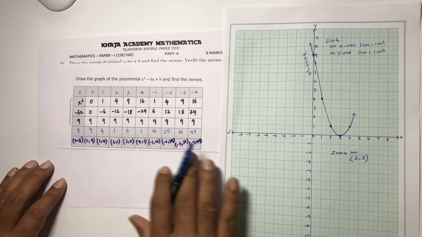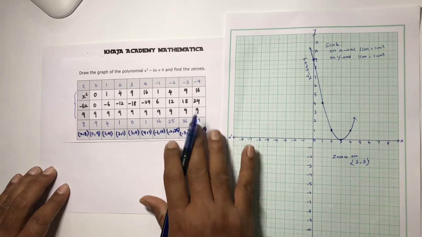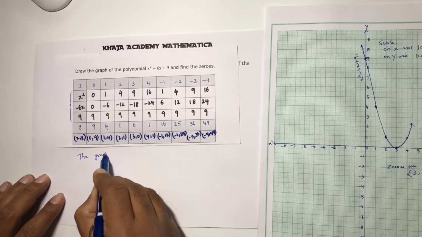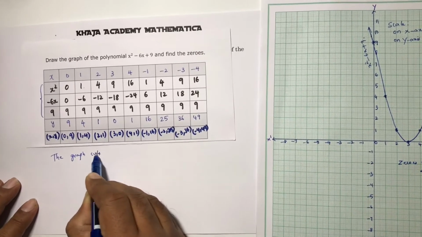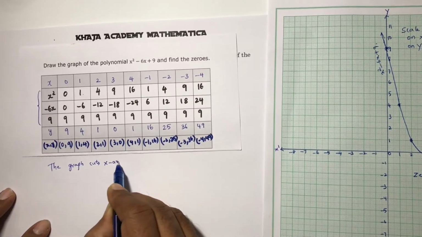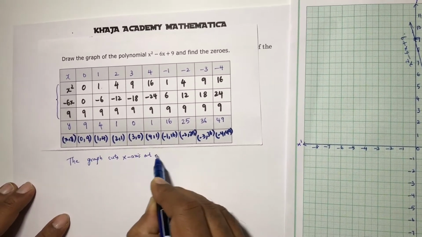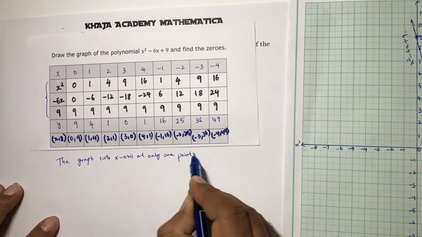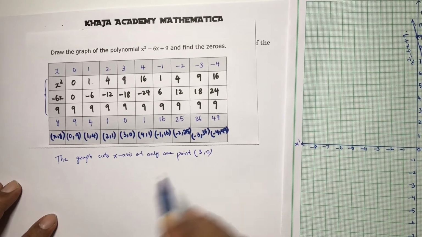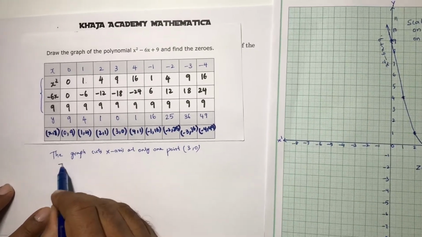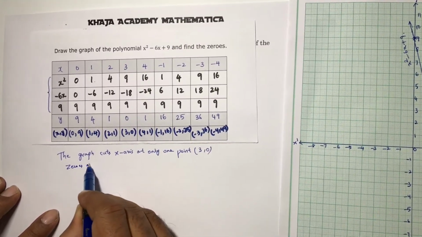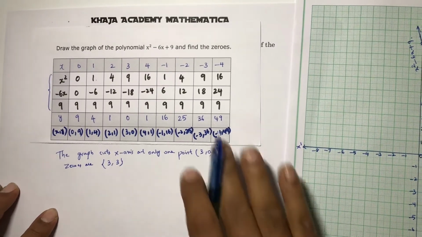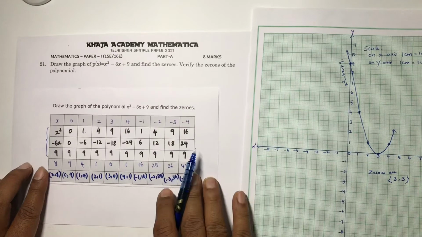The graph cuts x-axis at only one point, that is 3, 0. Therefore the zeros are 3, 3.